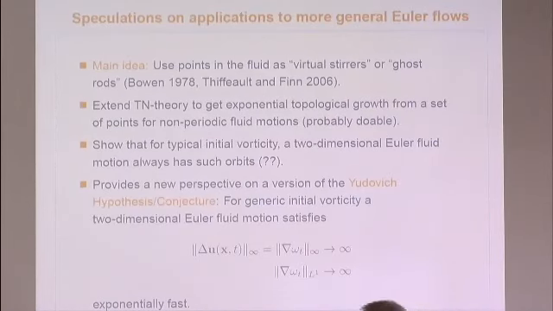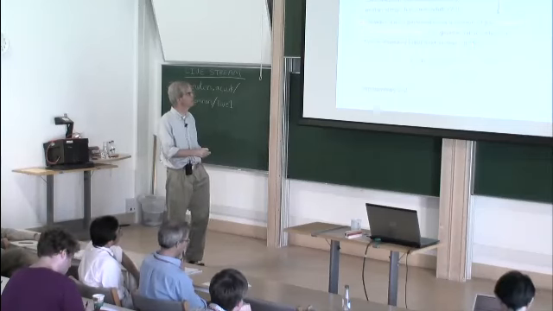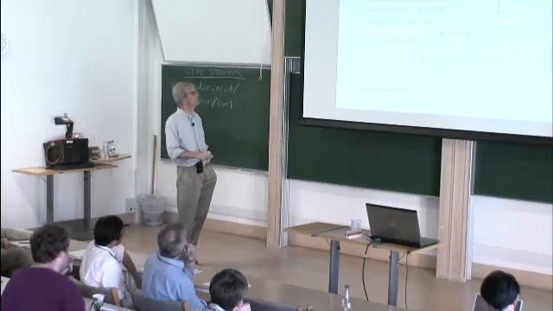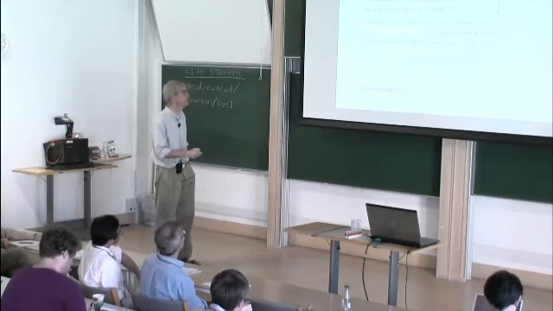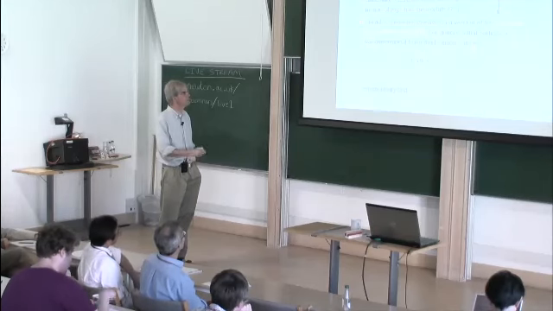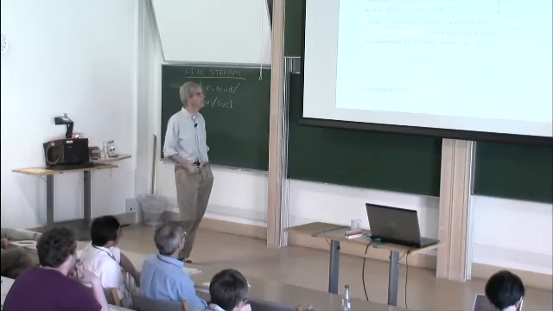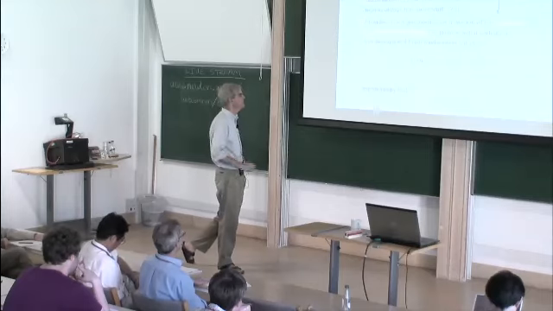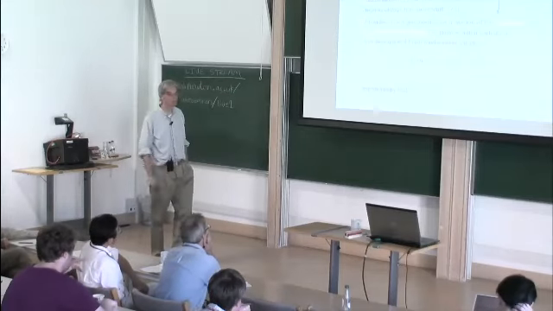Here I just wanted to say something a little more speculative. There is something, at least in part of the literature, called the Yudovich conjecture or hypothesis, which is that for typical initial vorticity, you have this exponential growth of the gradient of the vorticity. How could we understand that?